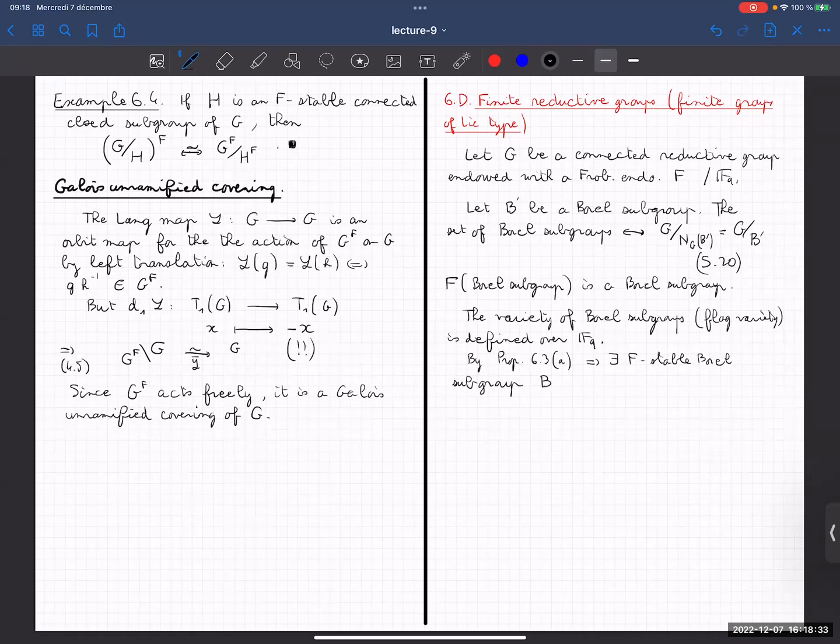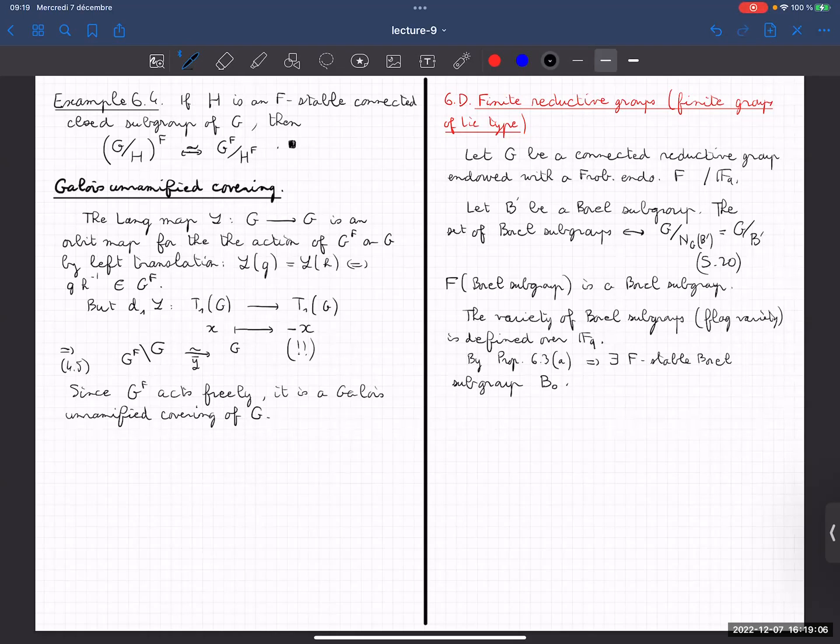And that I denote by B0. So that's an argument that we have done for Borel subgroups. We have proved that there exists an F-stable Borel subgroup, but we have just used that all the Borel subgroups are conjugate. That's the only fact we have used. But there is another class of groups for which this works: the class of maximal tori.